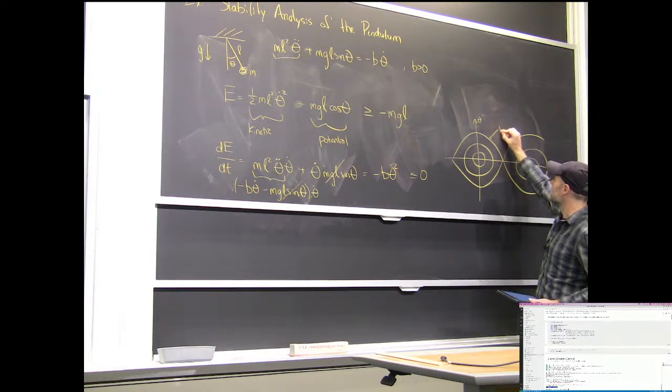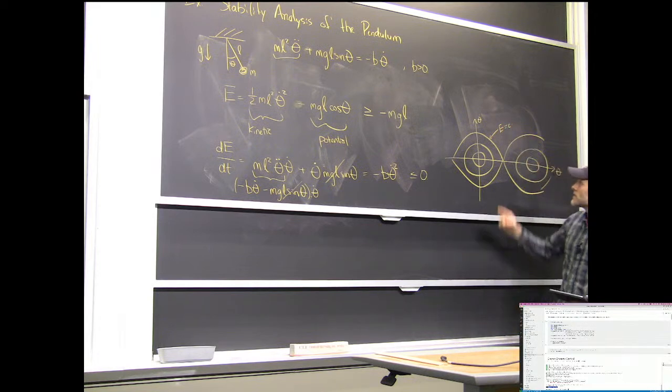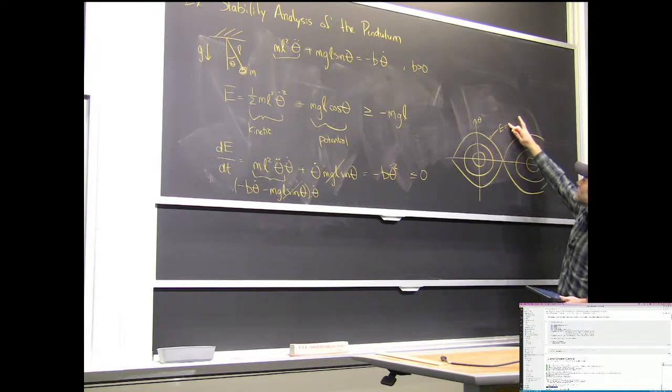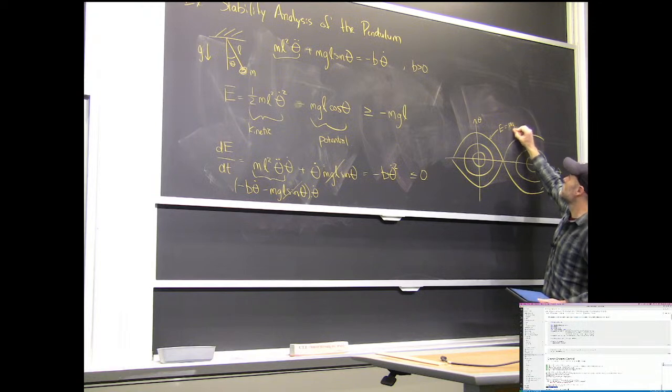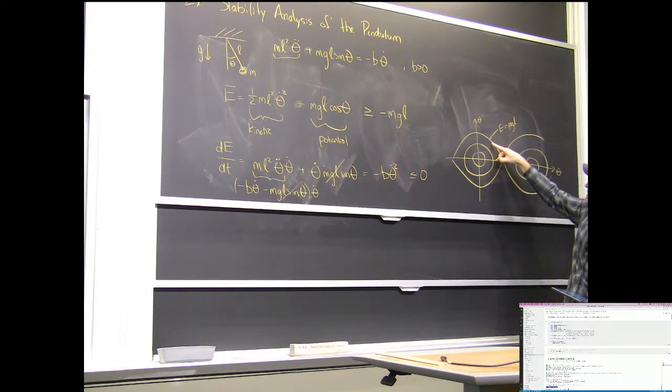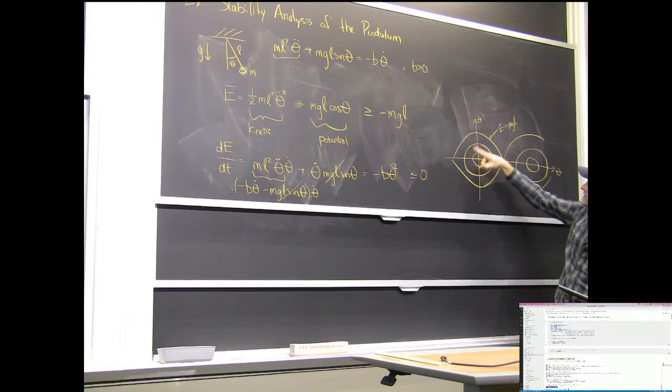Remember, these are the contours of constant energy. So this is actually E equals m g l. That one I can fill in. This might be E equals, I don't know, m g l over 2. And this is E equals 0.02 or something, I don't know. Right, these are contours of constant energy.